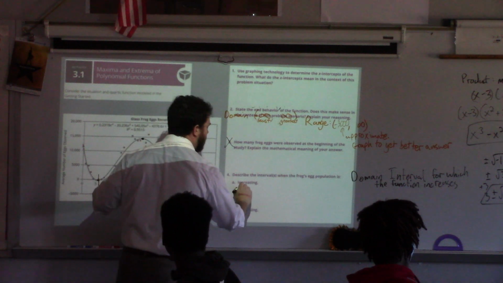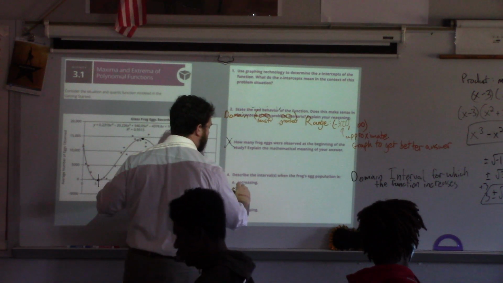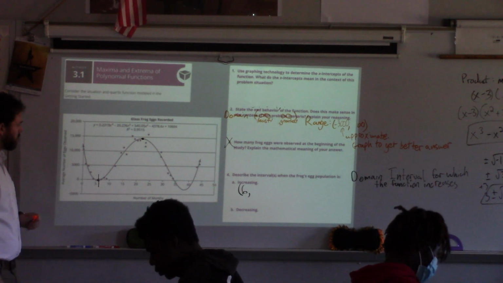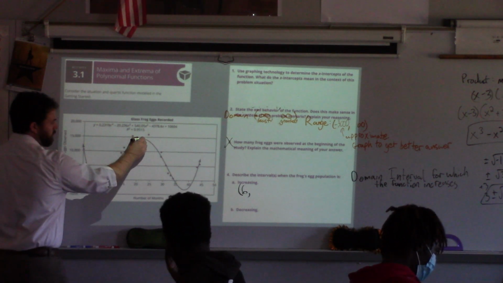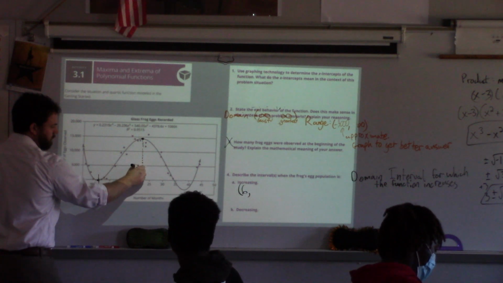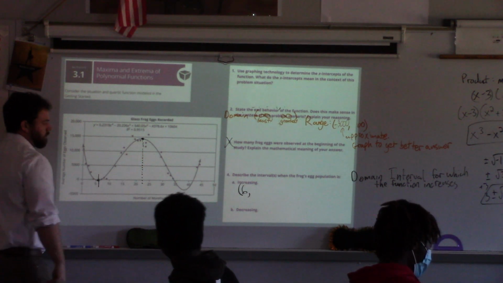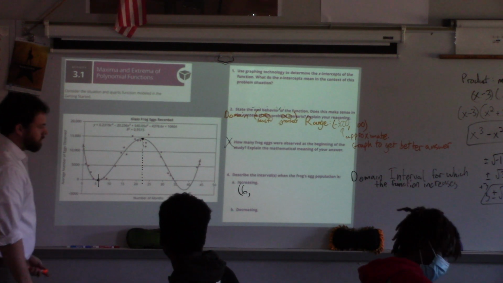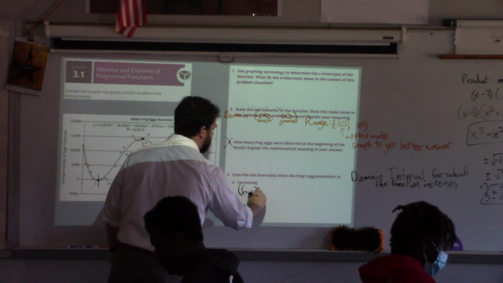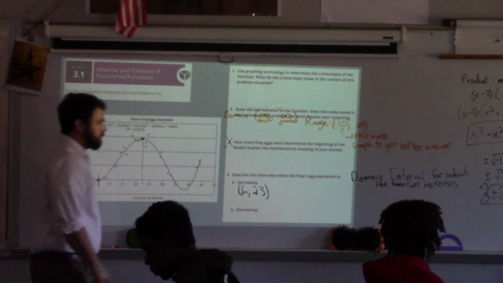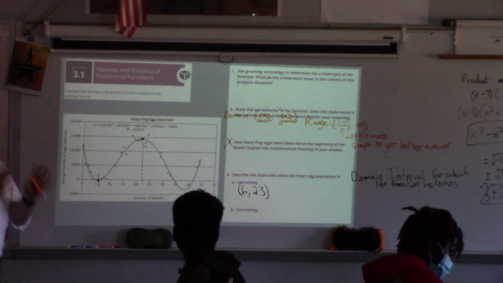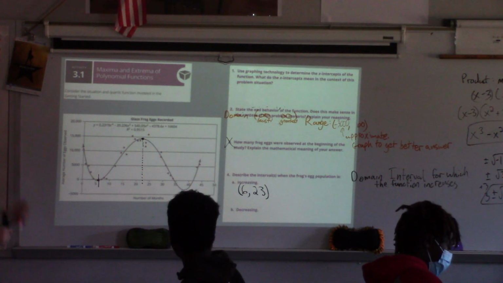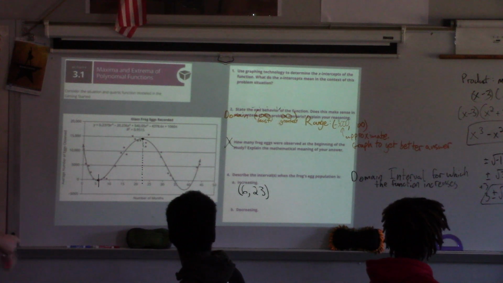But the domain interval for which it starts to increase would be 6. 23, 22.5, 23. Let's go with 23 for now. That is a domain interval for which the function is increasing. It is telling me the x values over which that function increases.